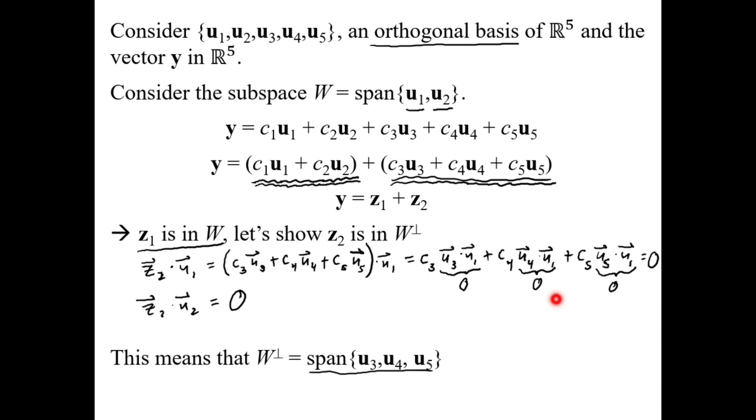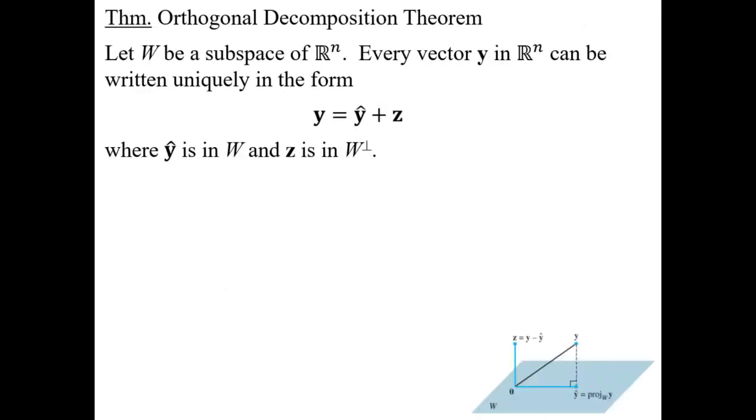Now this is going to help us come up with a way of finding a projection of a vector y onto the subspace W. And so we've got what's called the orthogonal decomposition theorem. Let's define W as a subspace of Rn. Again, here it doesn't have to be 5. It could be anything.